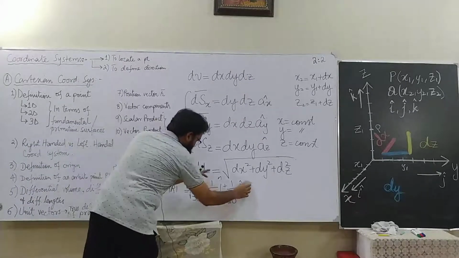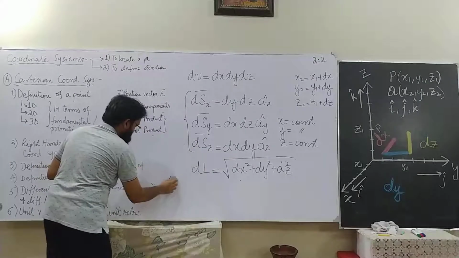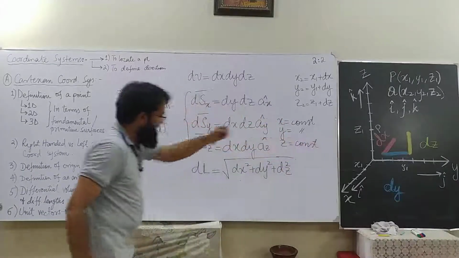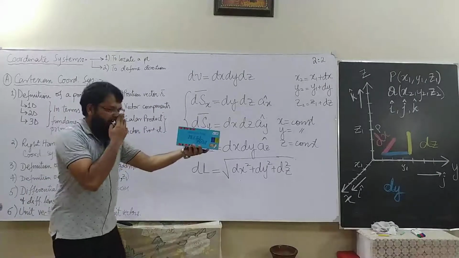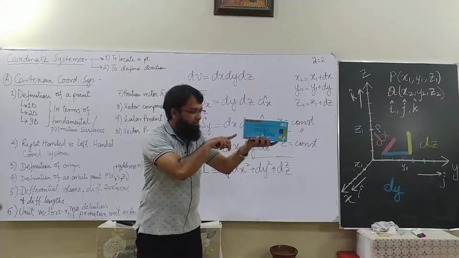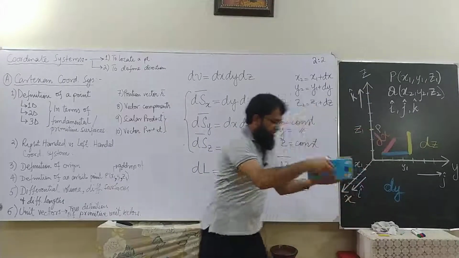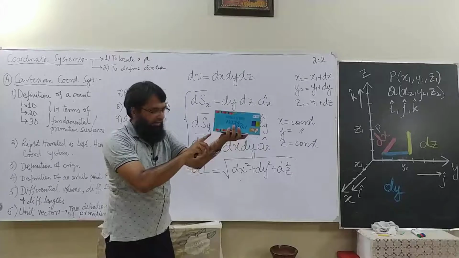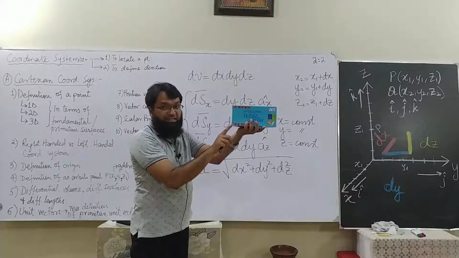Differential length, I just gave you one thing: the distance between two points P and Q. But what if I ask you to give me a differential vector which could take me from this point P to that point Q? Can I get a differential length in vector form? Yes, I can. To reach that point, I have to move in the direction of x, how many units? dx units.